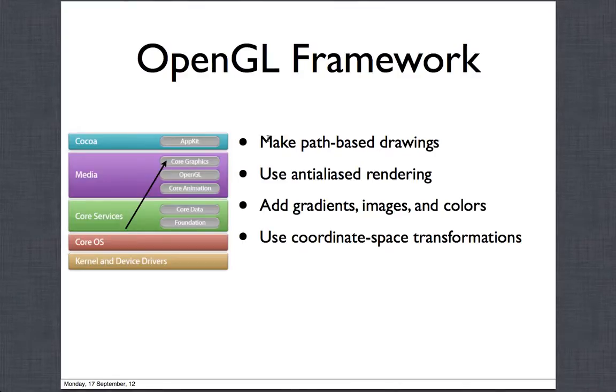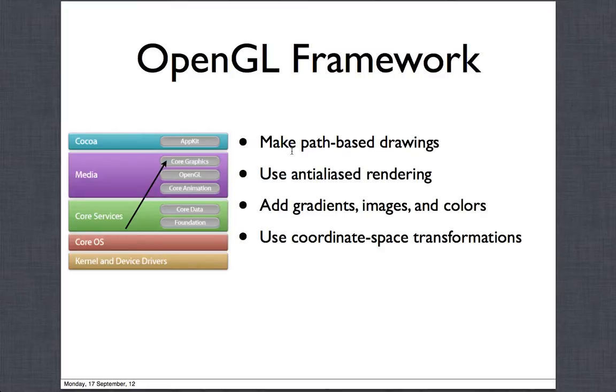My mistake here is this shouldn't say OpenGL. It should say Core Graphics. But the text is right. Core Graphics makes it possible to create path-based drawings, use rendering, use gradients, images, colors, and have transformations using coordinate space. We're not going to touch this either, but remember, those layers are working all of the time when you're using your program.